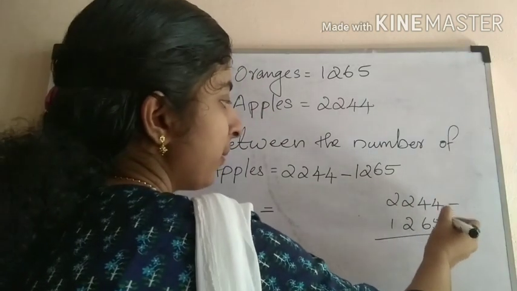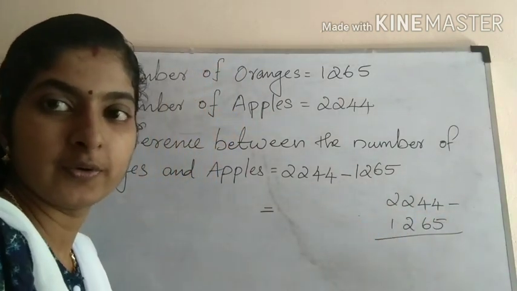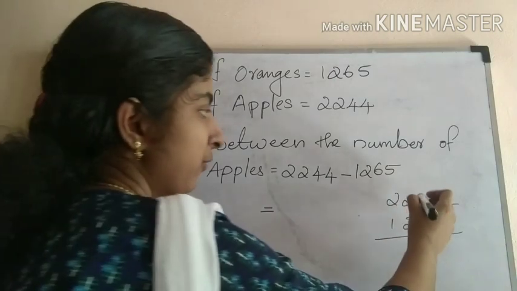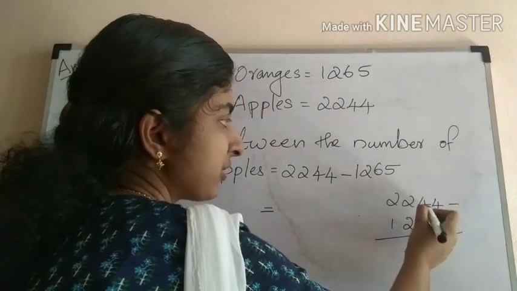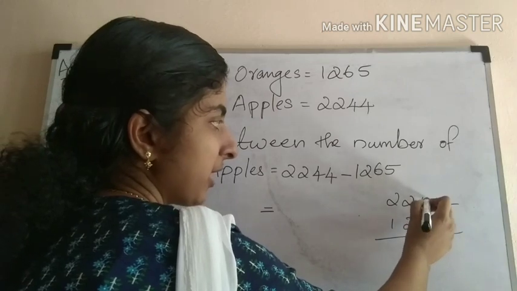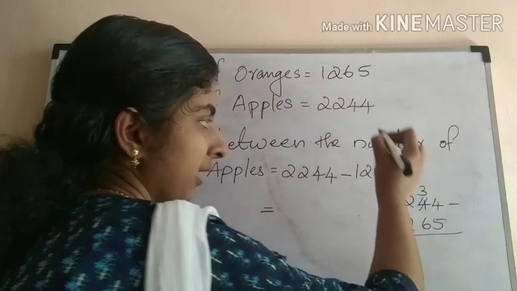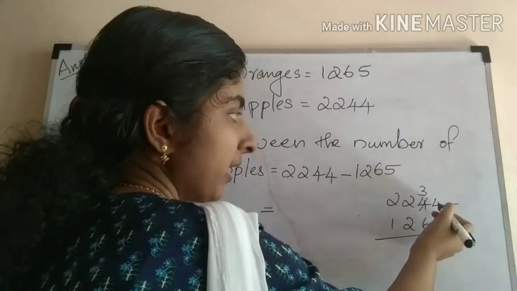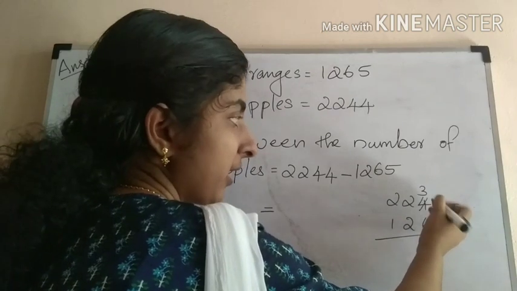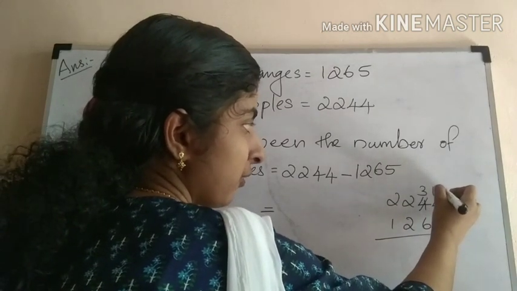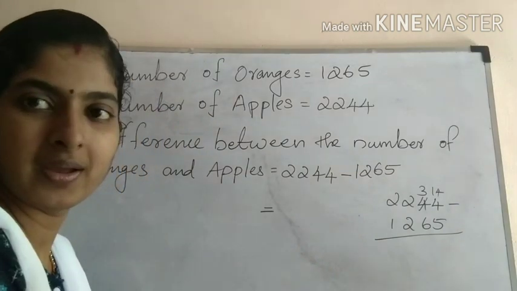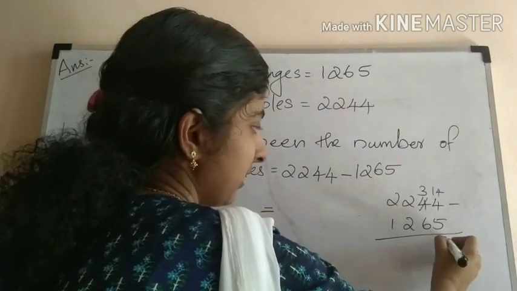See, 4 minus 5. Is it possible? No. So we take 1 from the left side. Here on the left side, 4 is here. After taking 1, this 4 becomes 3. Then in the ones place, already 4 was there. After taking this 1, that 4 becomes 14. 14 minus 5, 9. 9 is the answer.